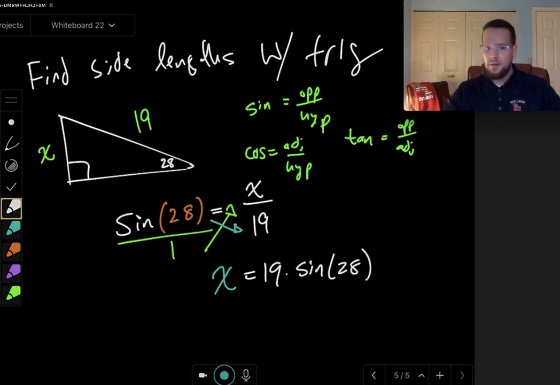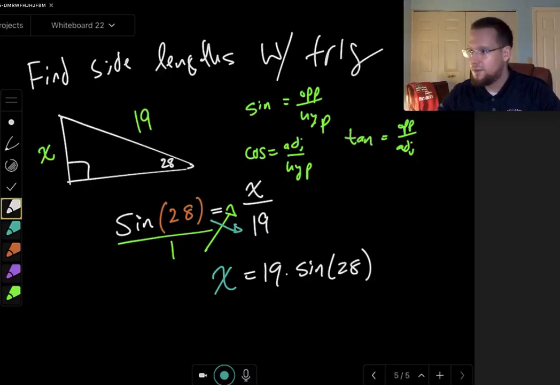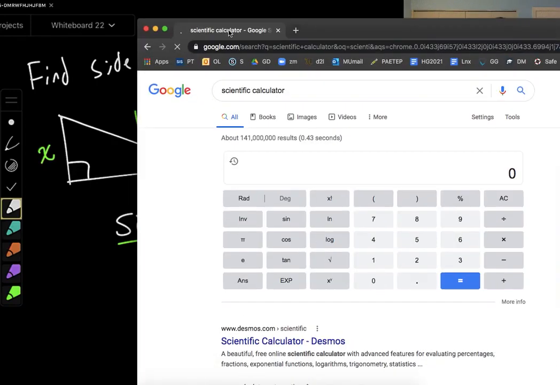And that's a number. Now, let me get something up here. Here, let me just get up a calculator. Let's go to Google. How about a scientific calculator? This is a very popular calculator for us to use. So here we go.